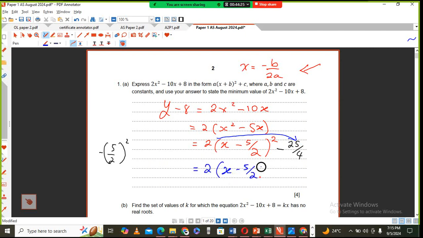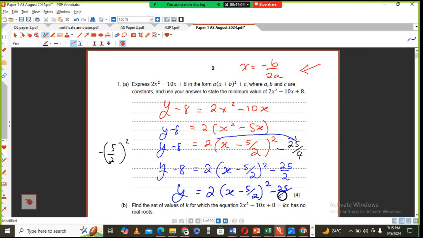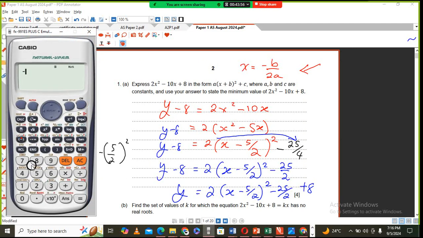So that becomes 25 over 2. So it's not 9 over 2. It will become 9 if I bring back that minus 8. Whatever method works for you. So I bring back that 8, and clearly you will see that negative 25 halves plus 8 gives you that negative 9 over 2.